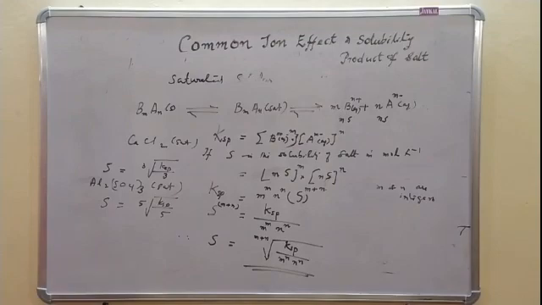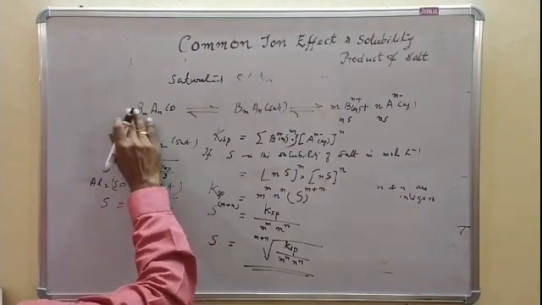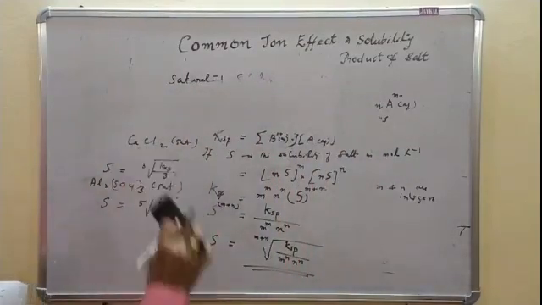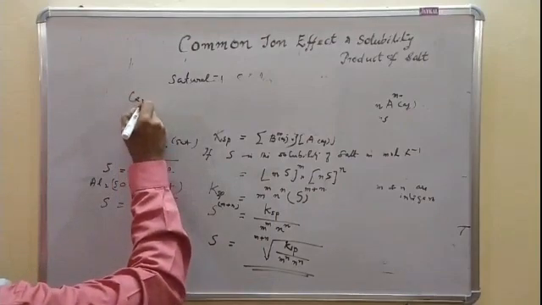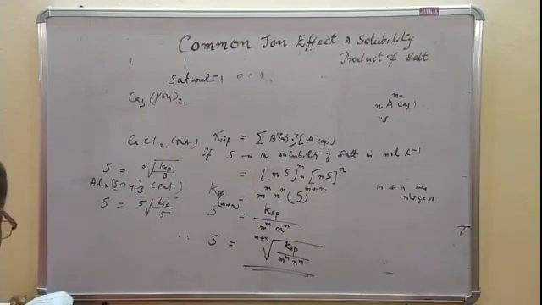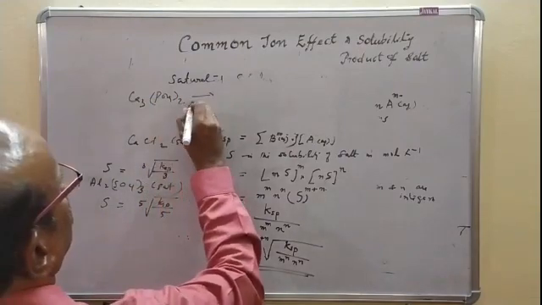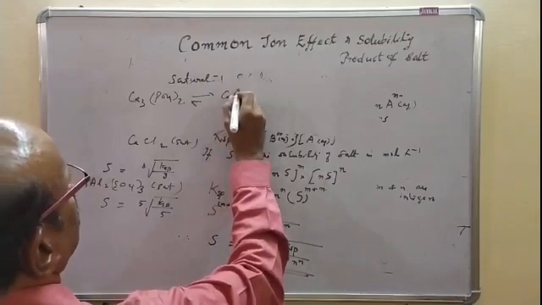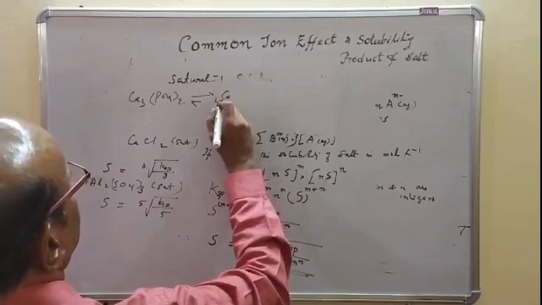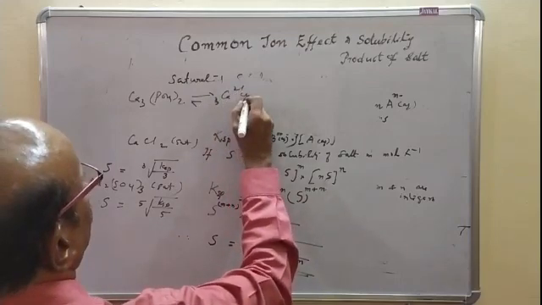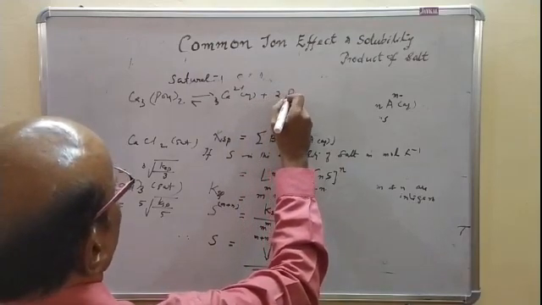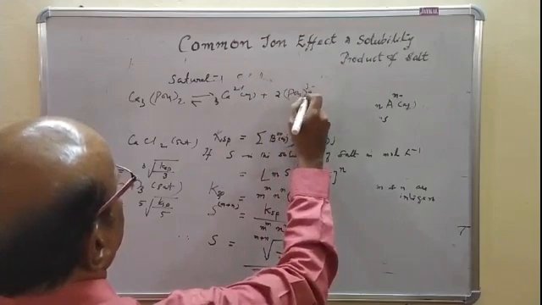Calcium phosphate. We have the case of calcium phosphate, Ca3(PO4)2. We have the equation: 3Ca2+ aqueous plus 2PO4 3- aqueous.